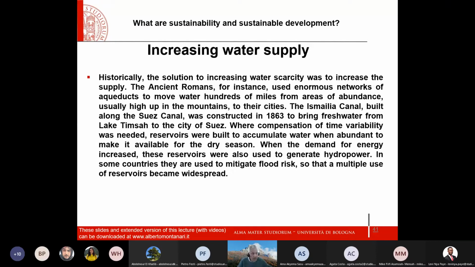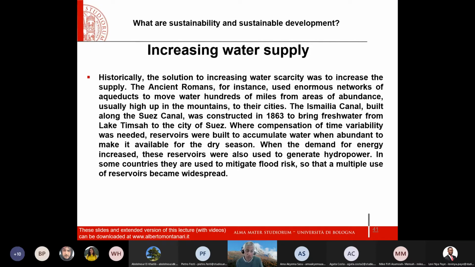They built a lot of infrastructures in order to move water hundreds of miles from areas of abundance, usually high up in the mountains, to their cities. And there are many other examples. And also the same solution was used for satisfying energy demand.